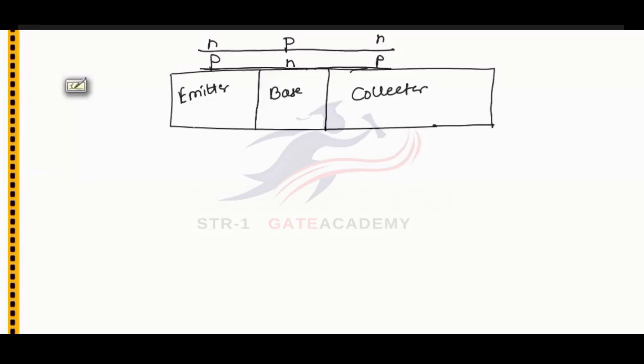In a bipolar junction transistor, the emitter region and the base region form a PN junction, which is represented by JE and called the emitter junction or base emitter junction.